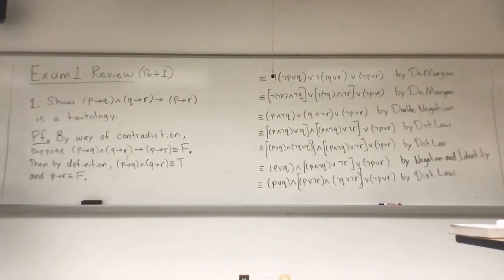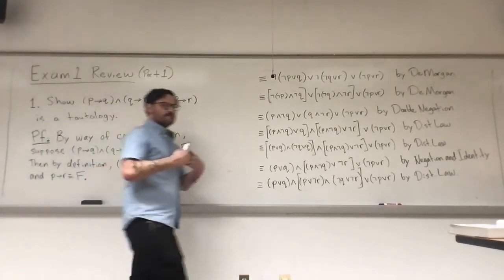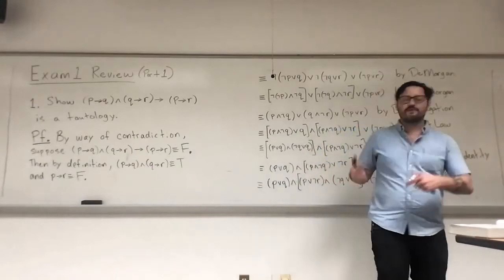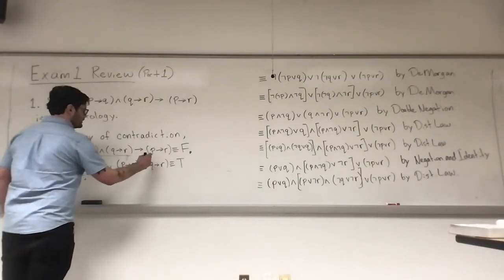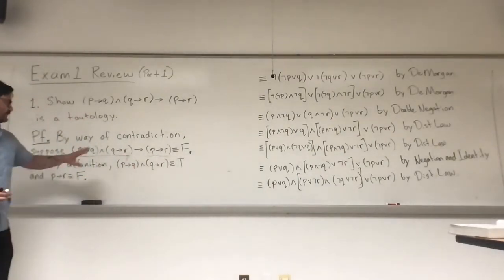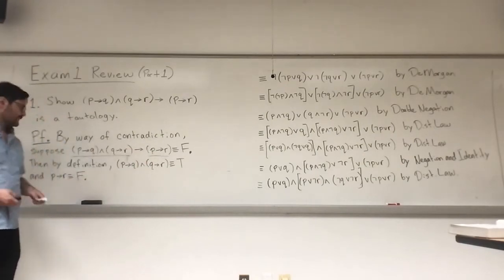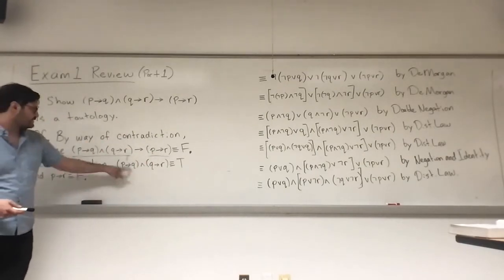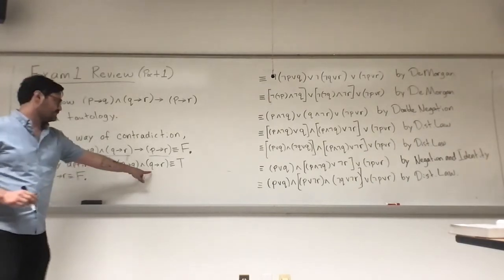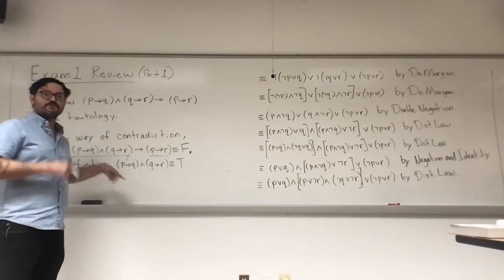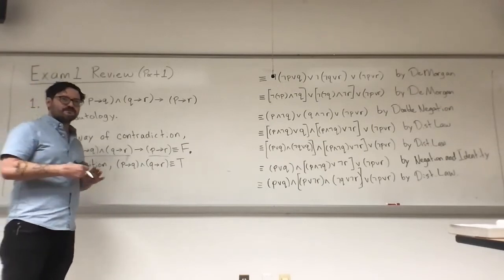I hope that's clear. The conditional statement is only false when the hypothesis is true and the conclusion is false. So under this assumption, that is true and that is false. This is only true when both of those are true. We're getting information to work with. Do you see where I'm going with this?